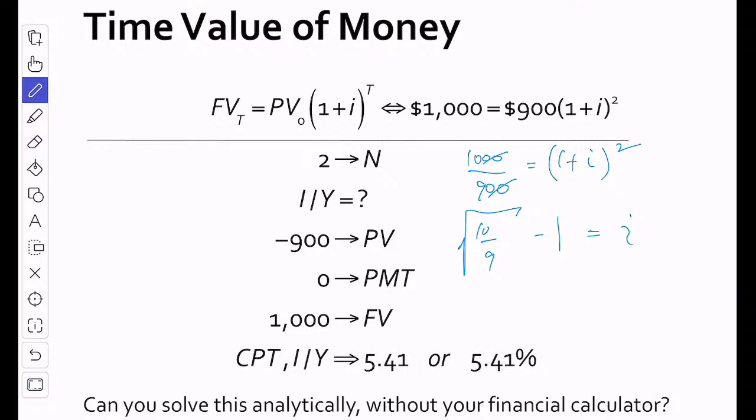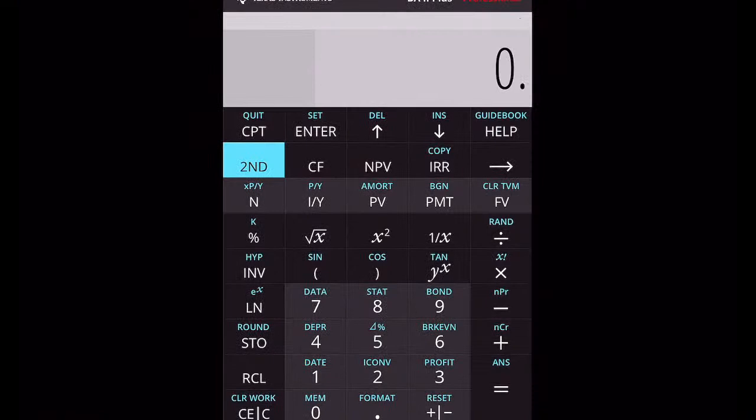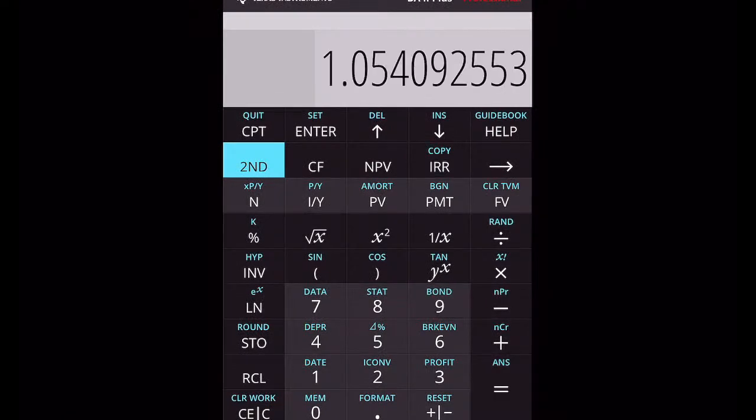So you could do this mathematically, analytically, isolating I. So it's 10 divided by 9, equals, square root. I'm just showing you if you're not used to this calculator. And then minus 1, and you see it's the same answer.